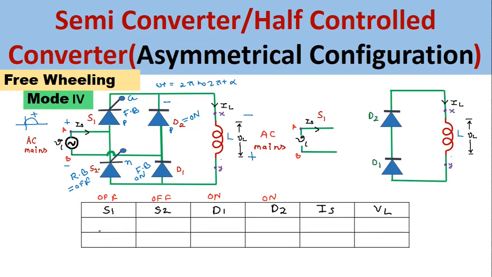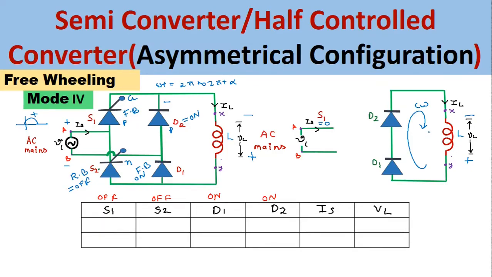So now in this condition, only diodes D1 and D2 will conduct, and this AC mains circuit will be disconnected from the load circuit. Therefore the source current will be equal to 0. Here this self-induced EMF will maintain the current in the same direction as before, that means the load current will be flowing in the clockwise direction only, as before in mode number 3.